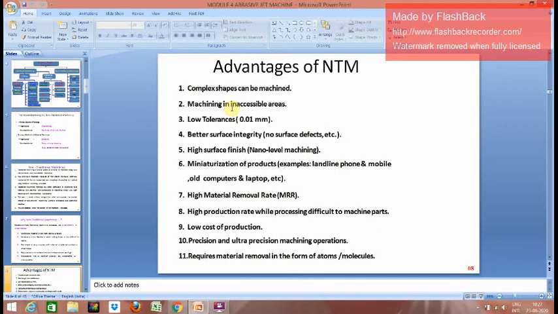Miniaturization of products like landline phones, mobiles, old computers and laptops. High removal rate, that is MRR. High production rate while processing difficult to machine parts. Low cost of production. Precision and ultra precision machining operations, which require material removal in the form of atoms or molecules.